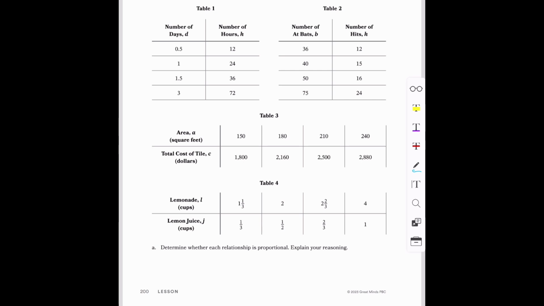Explain your reasoning. Remember we're boxing our verbs. So determine would be the verb. What are we determining? Whether each relationship is proportional. We actually have a second set of instructions. Explain. What are you explaining? Your reasoning. So we have 2 things to do in order to answer this question, and we need to answer in complete sentences. All right. So now we need to analyze each table.